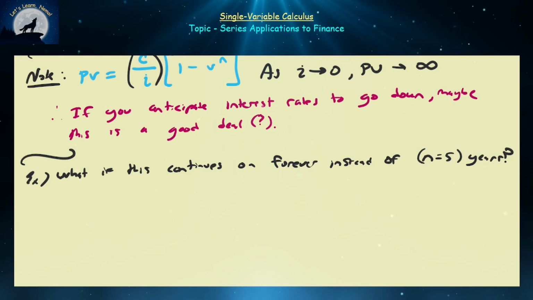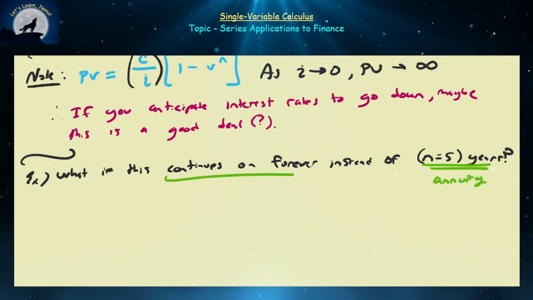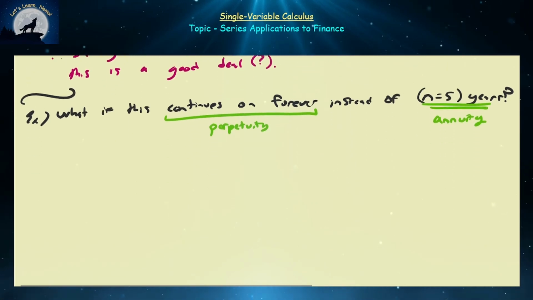So usually when you have a sequence of cash flows that continue for a finite number of periods, we usually refer to this as an annuity. And if it continues on forever, i.e., n equals infinity, this is sometimes referred to as a perpetuity. So a perpetuity. So we have that our annuity for 5 years is not really worth our transaction, but what if we transfer this into a perpetuity structure?